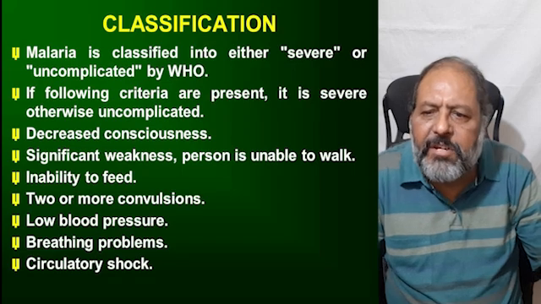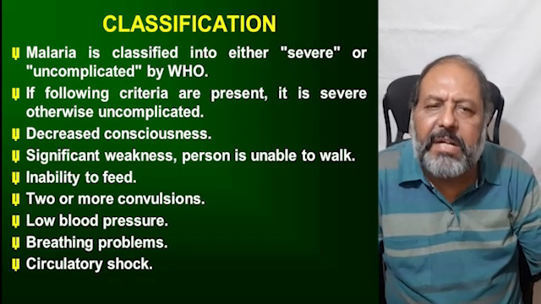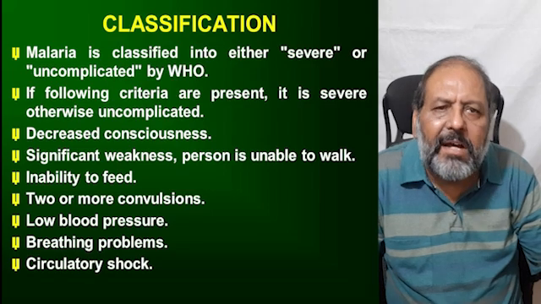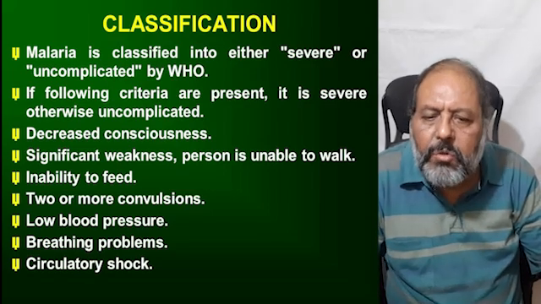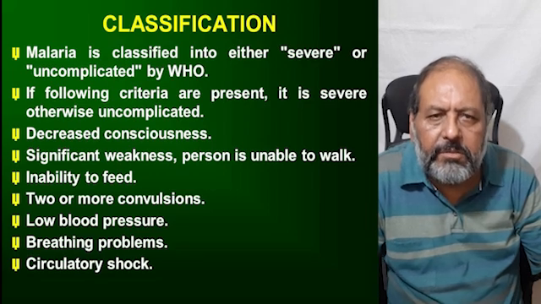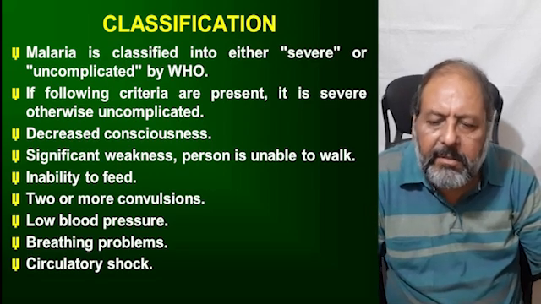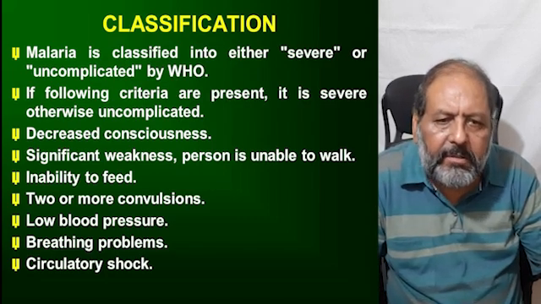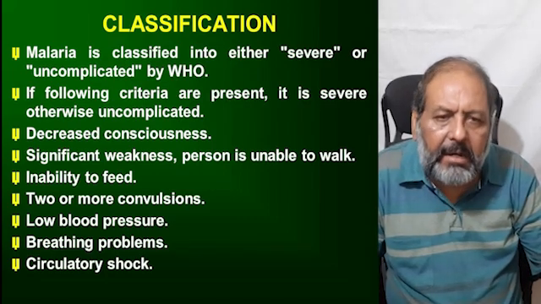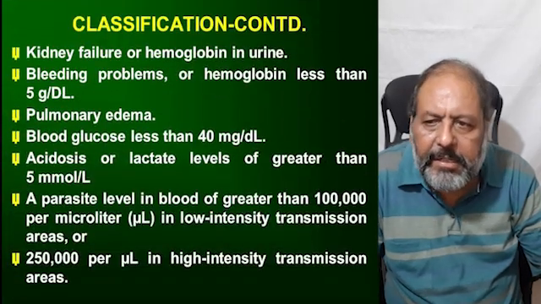So the patient with decreased consciousness, significant weakness, unable to walk, inability to feed, two or more convulsions, low blood pressure, breathing problems, and circulatory shock. These are all the parameters of severe malaria.